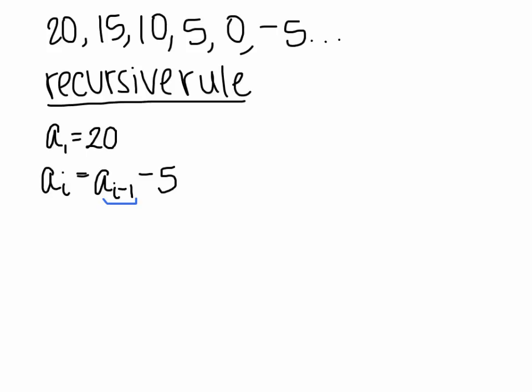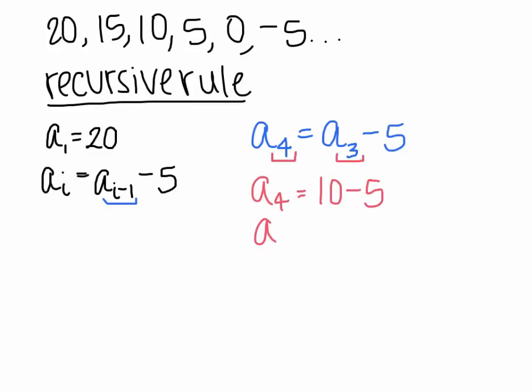So for example, if I said I would like to know a sub 4, you would tell me that's going to be a sub 3 minus 5. This is i, and this is i minus 1. So a sub 4 is going to become 10 minus 5, which means that a sub 4 is 5.